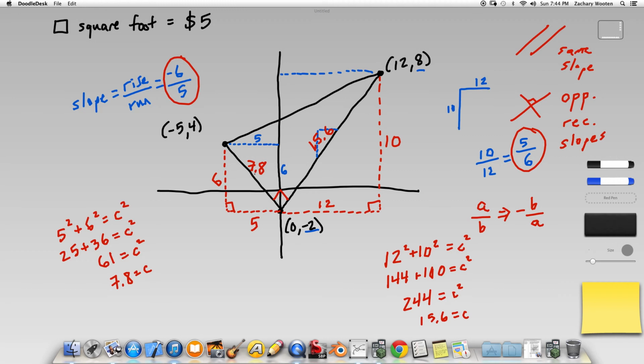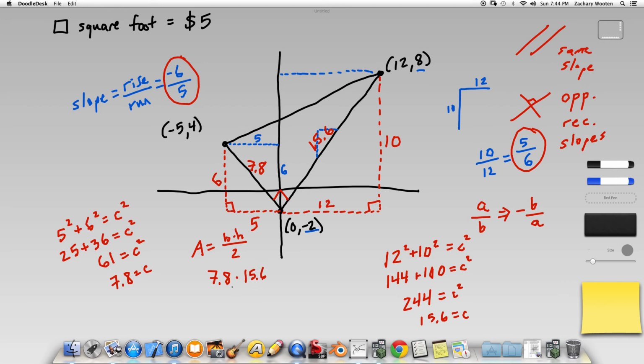Now, I want to go ahead and figure out the area now that I've got these sides. To figure out the area of a triangle, remember, you do base times height divided by 2. So the base is 7.8, the height is 15.6.